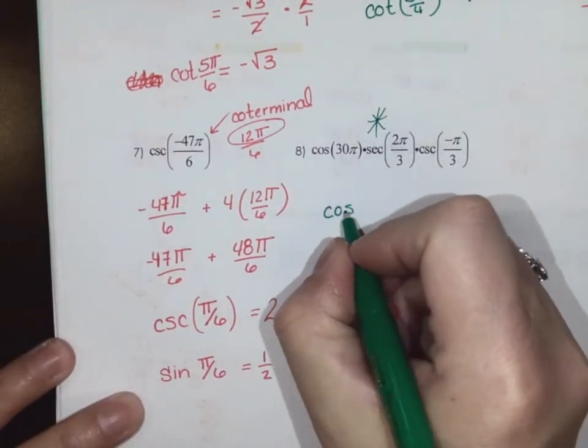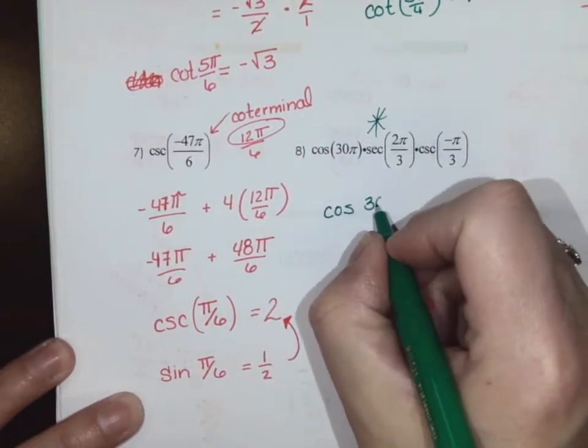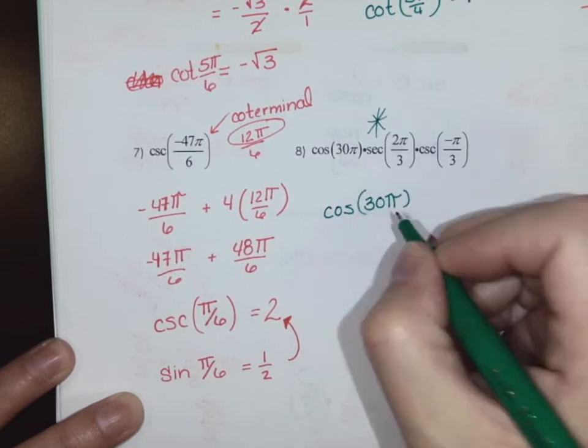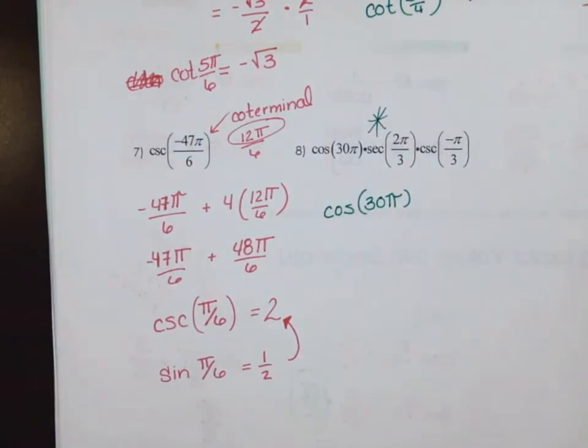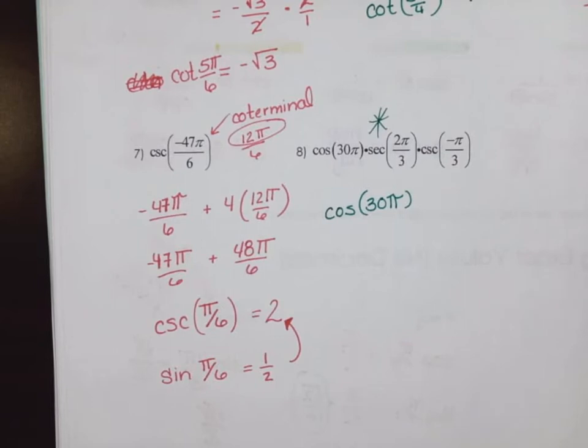So what is cosine of 30 pi? 1. What's a full rotation? 2 pi.